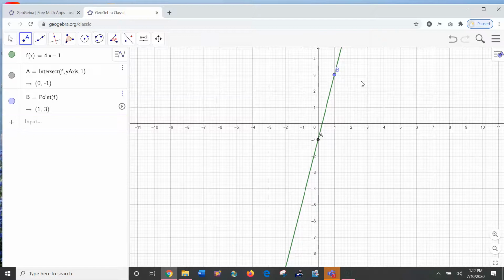If you move up the y-axis 1 unit, 2 units, 3 units, 4 units, we could say that it has gone up 4 units and it has gone over 1 unit.